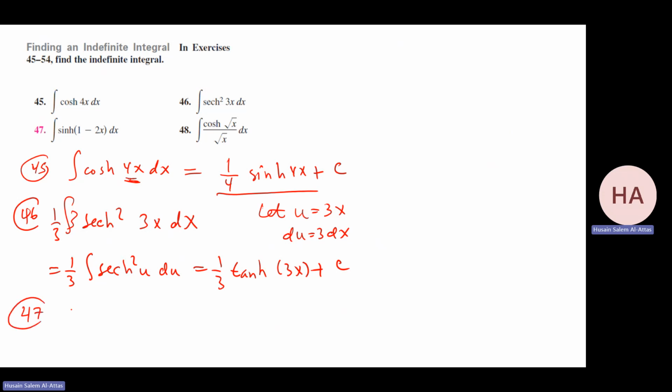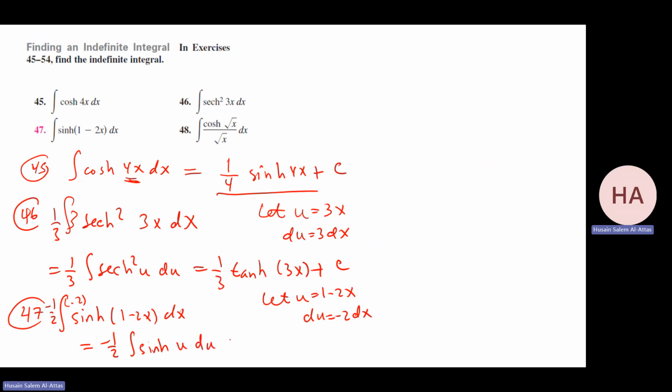47, same idea. Sine hyperbolic of 1 minus 2x dx. Now I let u equal 1 minus 2x, du is minus 2 dx. So I need minus 2 and minus half outside. That will be minus half sine hyperbolic u du.